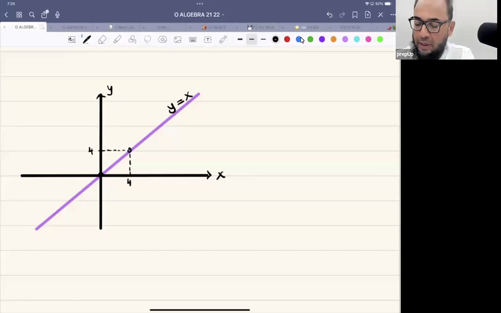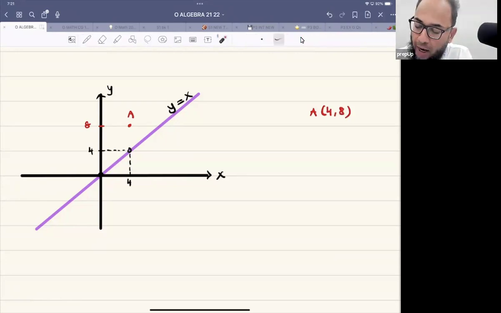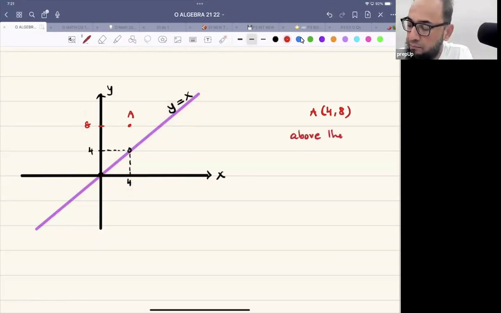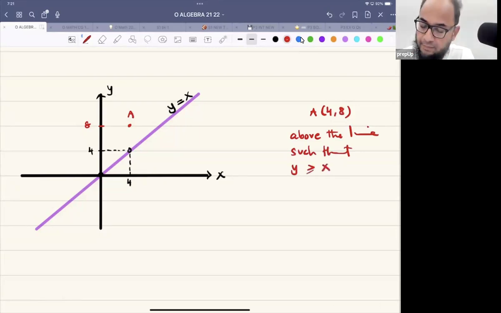Now, if I am interested in this one, this is a point A. This is 4, 8. So A is 4, 8. Now, this shows that y is greater than or equal to x. So this point A is above the line, such that the y coordinate is greater than or equal to x.